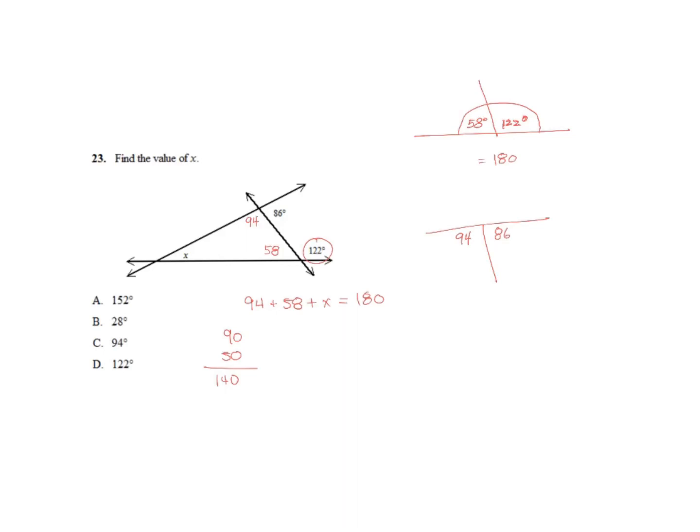The 4 and the 8 give me that 12, so I could simply just say this is 152. Keep in mind, they are giving you this answer of 152 here, but that's not what they're asking for. They're asking for x. So subtracting that 152 gives me x is equal to 28 degrees here.